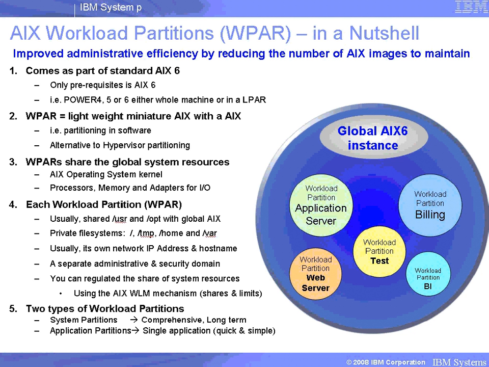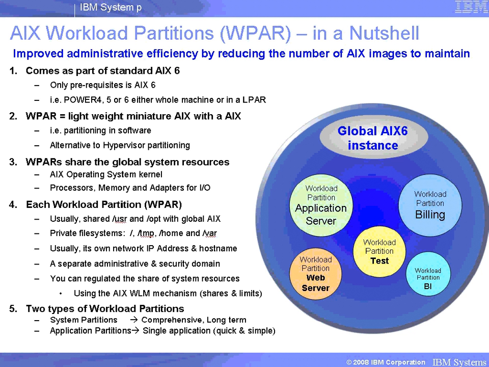Each workload partition usually shares the /usr and /opt file systems read-only with the global copy of AIX, and then has private copies of the file systems root, /tmp, /home and /var. It also usually has its own network IP address and hostname, so you can telnet to it, for example, and it looks just like a regular copy of AIX.